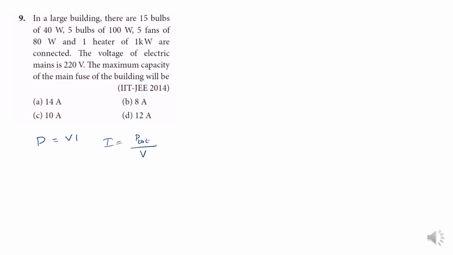The total voltage across each appliance is going to be the same. So what is P total? We are going to calculate the total power of all the appliances. So we have 15 bulbs of 40 watts. So this comes around 600.